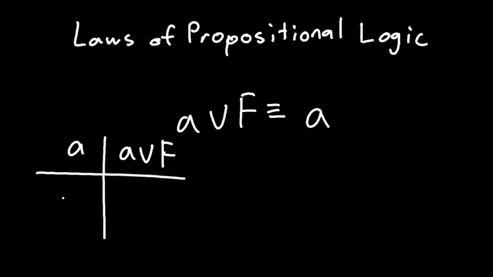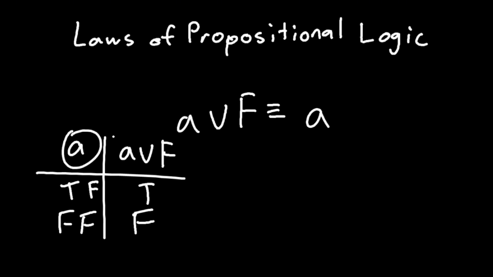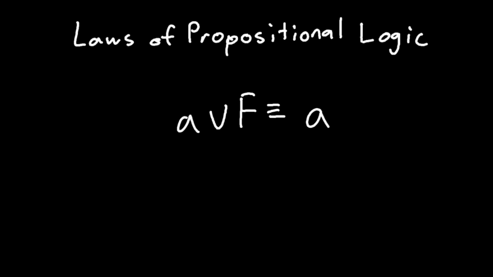Well, if you have A, you only get true and false. And if you compare every single combination of A with just false, you get true, false. If you OR this, it's still true, false, still the same as A previously. So A or false is just equal to A.